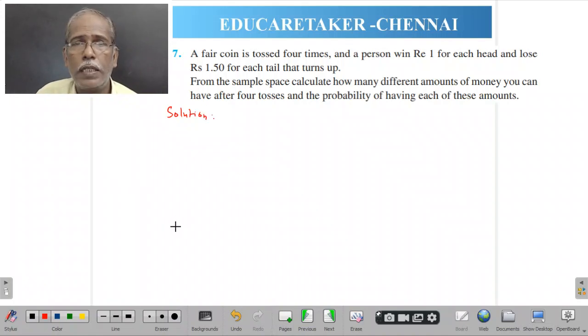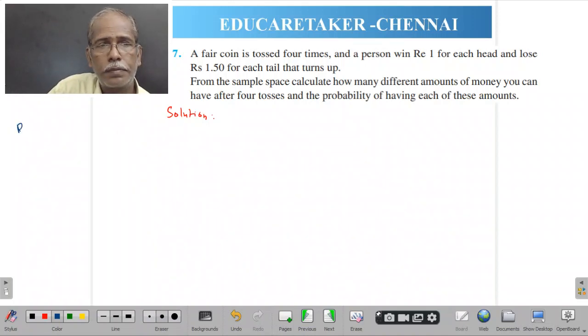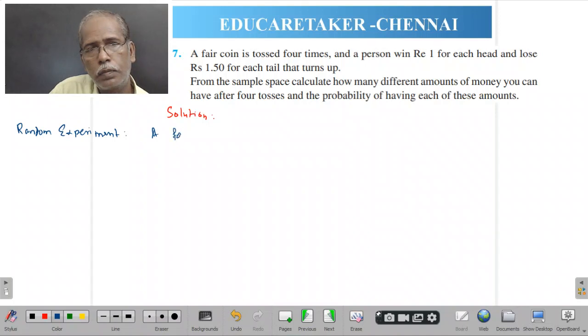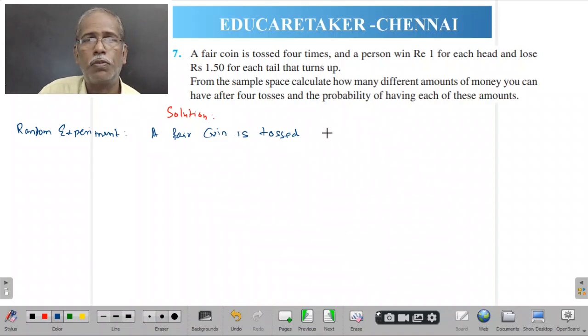A fair coin is tossed 4 times. What is the experiment? We have to write the random experiment. A fair coin is tossed, how many times? 4 times.